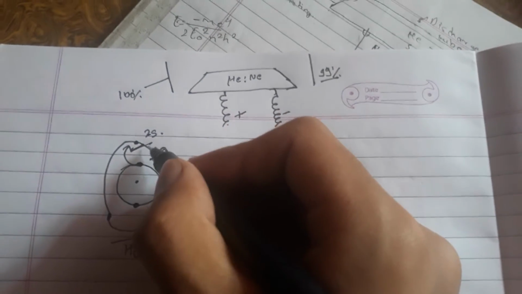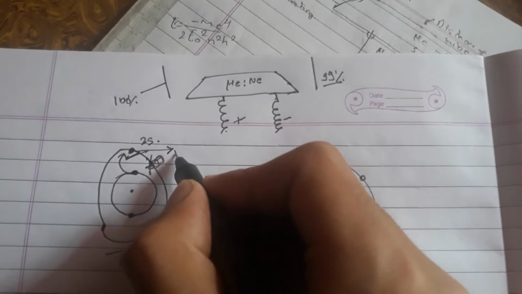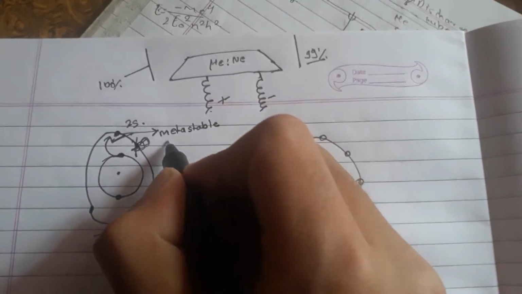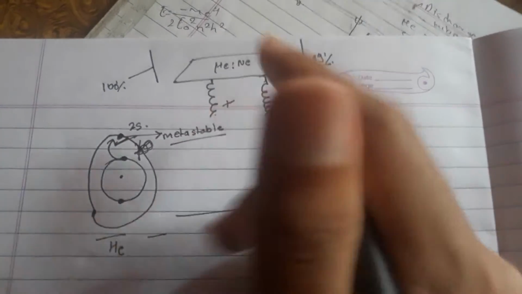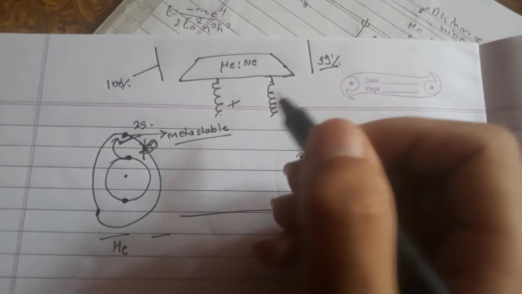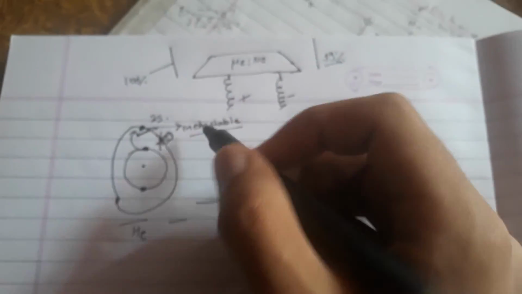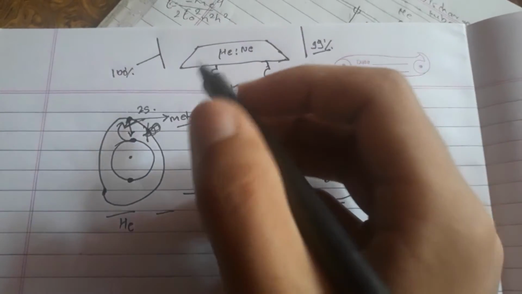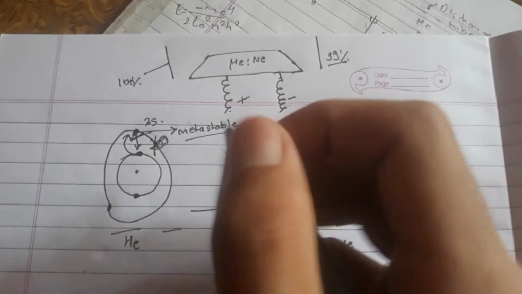But in this case, this state is the metastable state of helium. What metastable means is that the electrons take longer to get from there to there compared to the normal excited state.